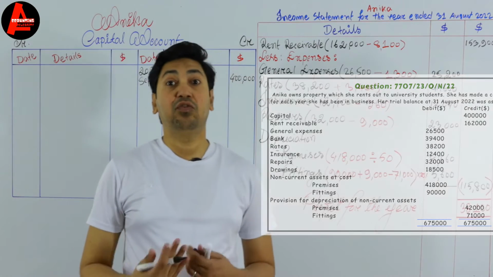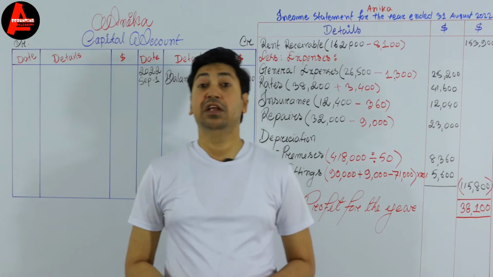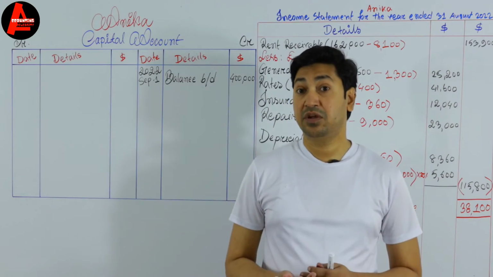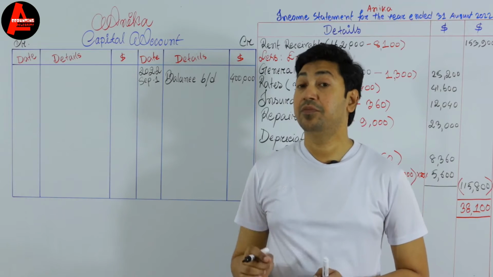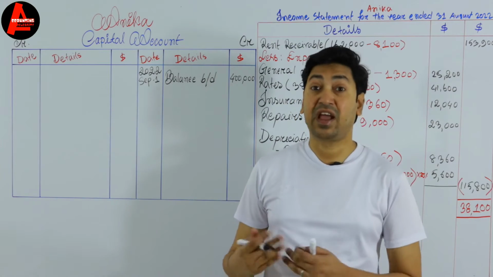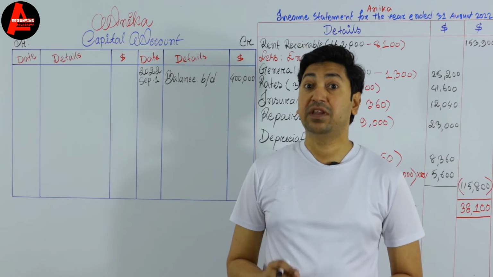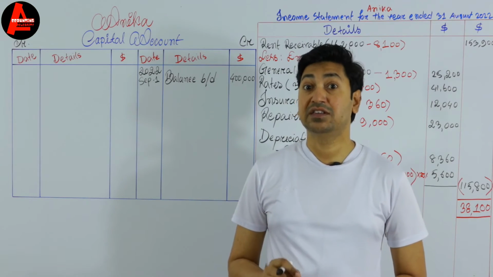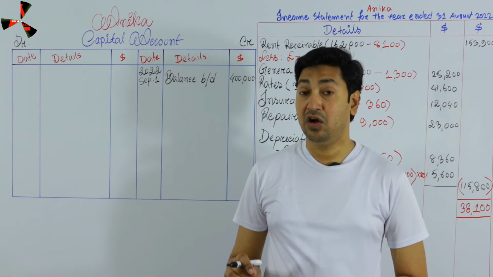Then we have one more item in the question: drawings. Drawings are like an expense for the business. What does drawings mean? It means when the owner takes something from the business, maybe cash, maybe goods, whatever is taken from the business is drawings. It is a personal account of the owner.